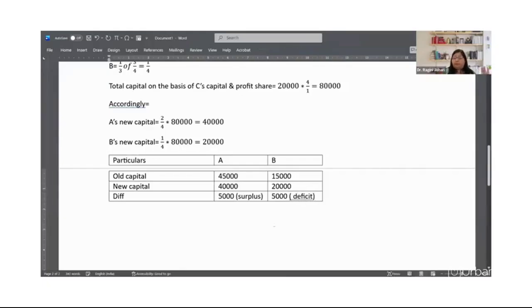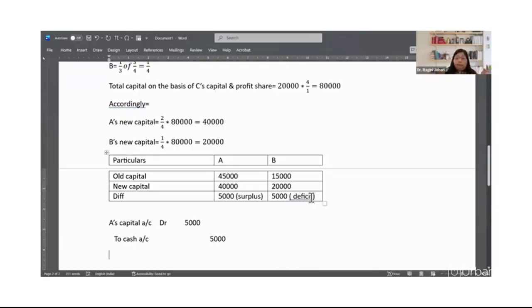Now with this information, we can very easily pass the journal entry. This means A will be withdrawing 5,000 from his capital account. So the entry should be A's capital account debit 5,000 to cash account 5,000.